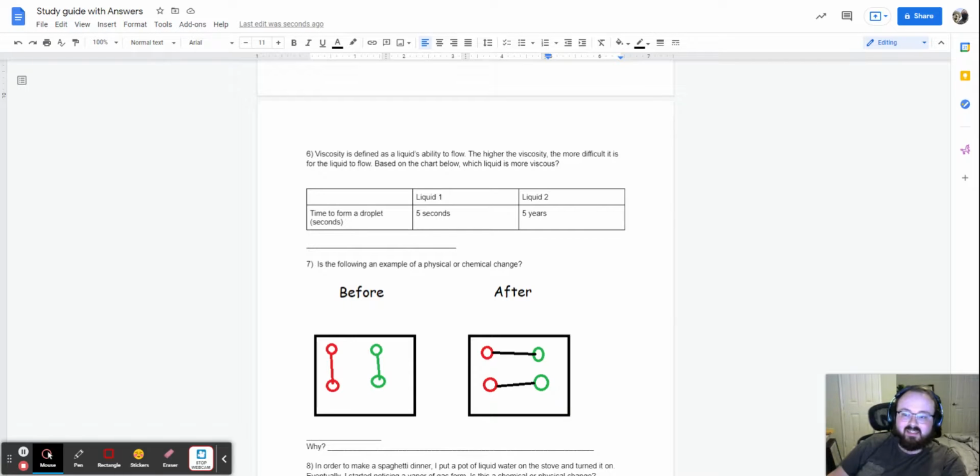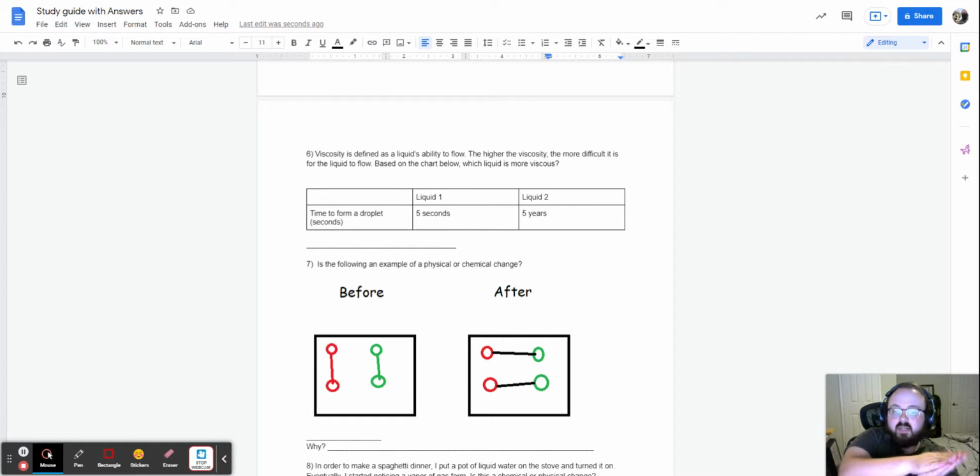So viscosity is defined as a liquid's ability to flow. So think about something pouring again. Like I have this liquid here, as it comes out, it's flowing down into my hand.